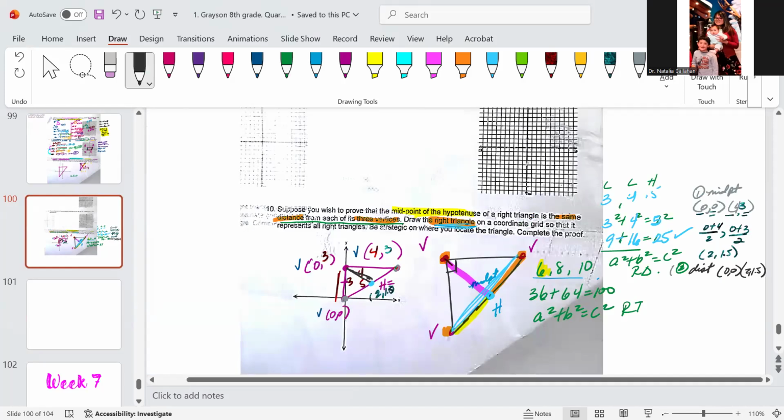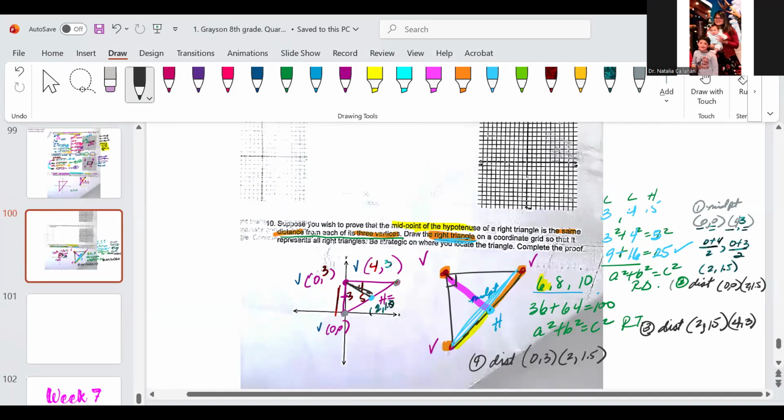First one is the distance of 0, 0 to 2, 1.5. Third one is to find the distance of 2, 1.5 to 4, 3. And then the fourth one, 0, 3 to 2, 1.5. Correct?